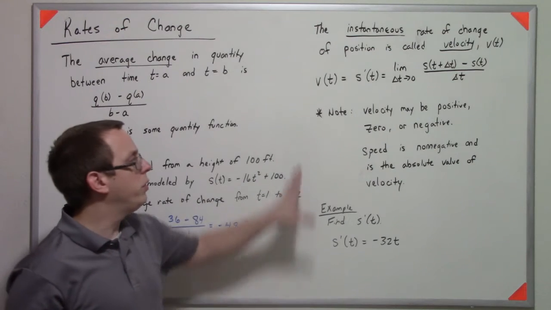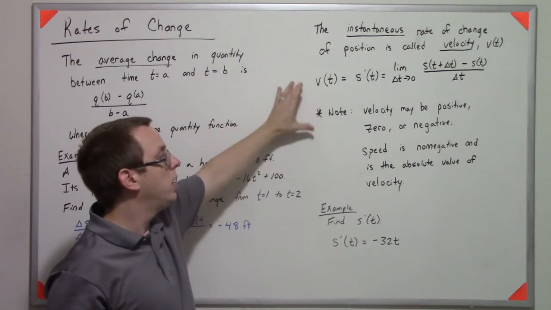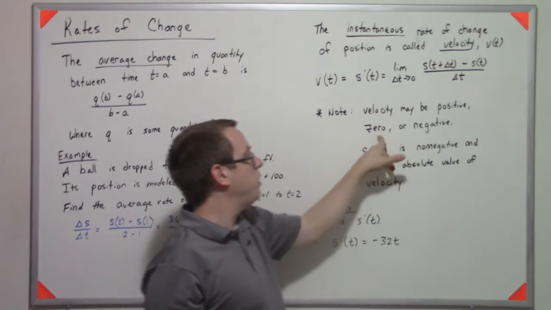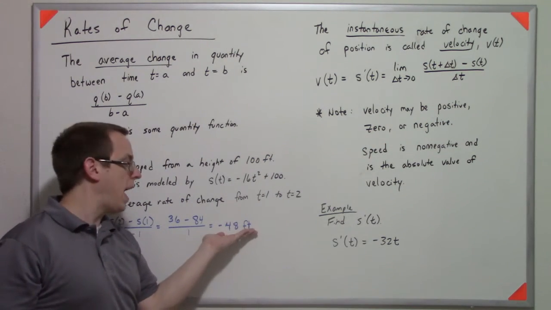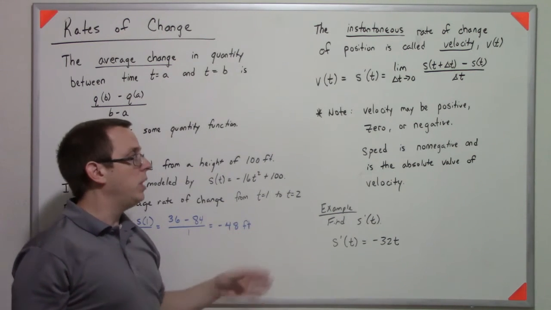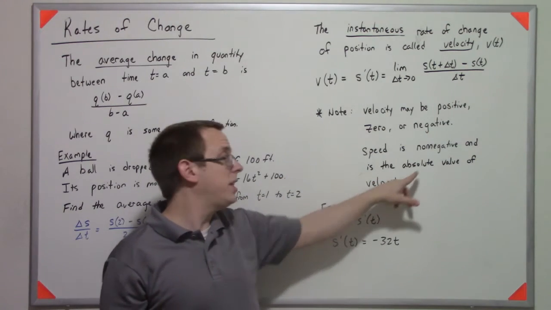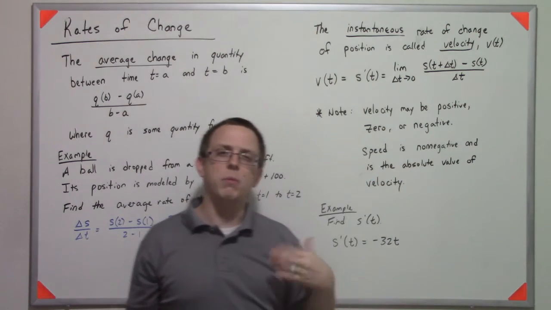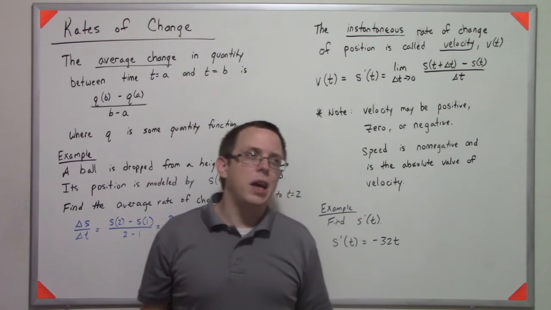Now it's important to note that velocity, because it's just a function, could be positive, it could be 0, it could be negative. Notice here that this is an average, but the average velocity was negative. But when we talk about speed, it is the absolute value of velocity. That means it's non-negative. Non-negative means it could be 0 or positive. And that makes sense.